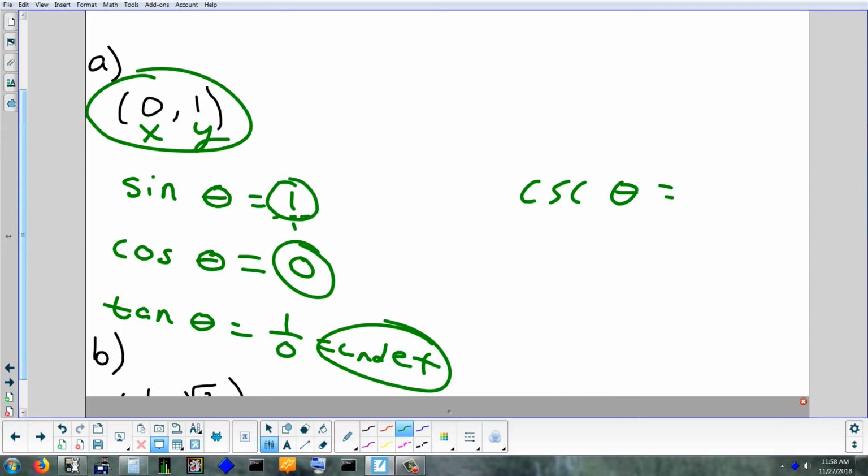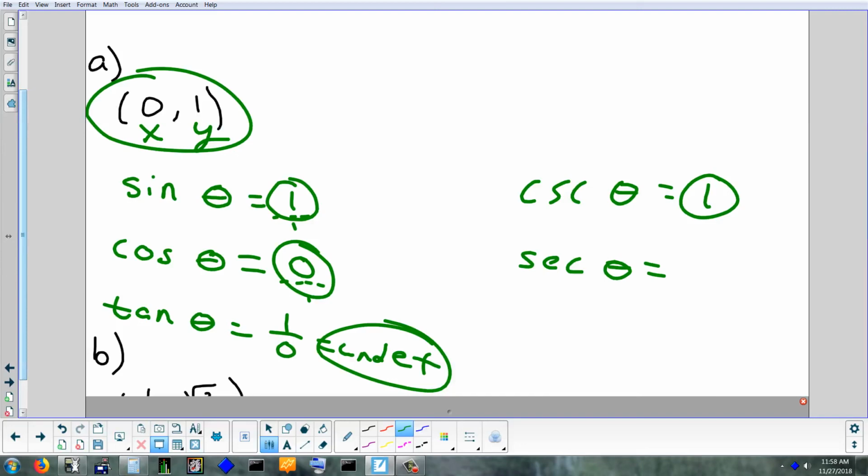If you don't have a fraction, you can always pretend like it's over 1, if that helps. So Gabe, what would the cosecant be? 1. You flip 1 over 1, you get 1. Next one is the secant. So we have 0 over 1, we flip it, and we get 1 over 0. So what's the secant?